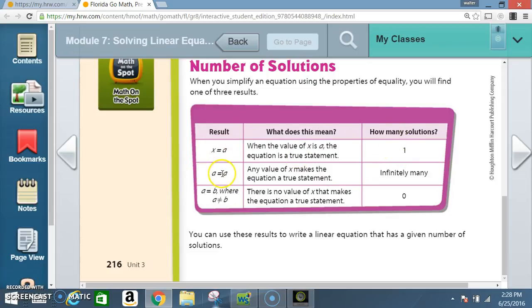A is equal to a. That's saying infinitely many solutions. And a cannot equal b, or a equals b. There is no solution. So there's no solutions there because a does not equal b. A equals a, infinite, and x is equal to a number, or x is equal to a, one solution.